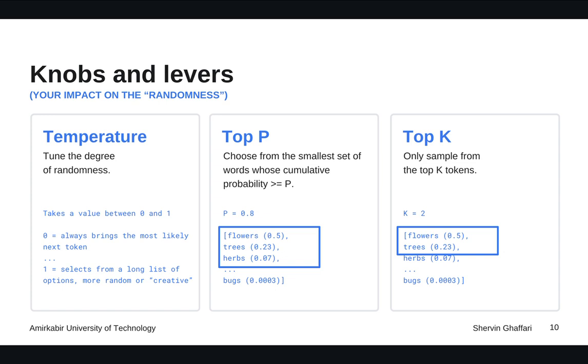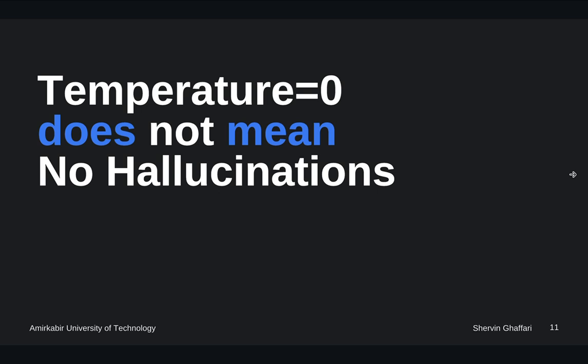Top P is selecting the number of tokens whose cumulative probability is larger than or equal to P. But in top K, you're only selecting the top K most probable tokens as the next token for generation, and temperature controls this creativity and randomness.